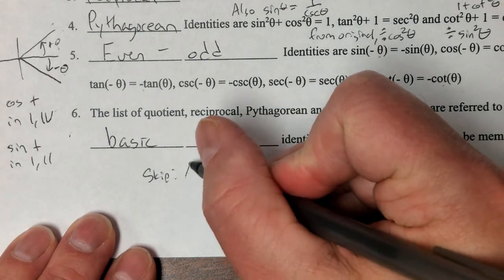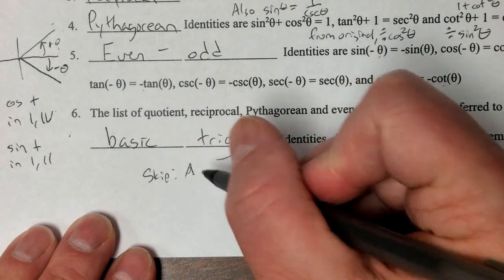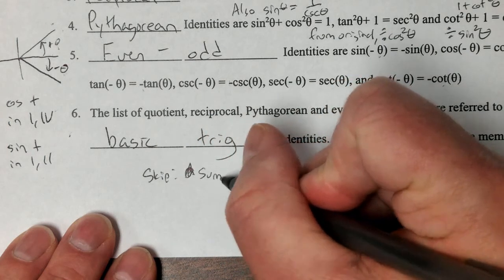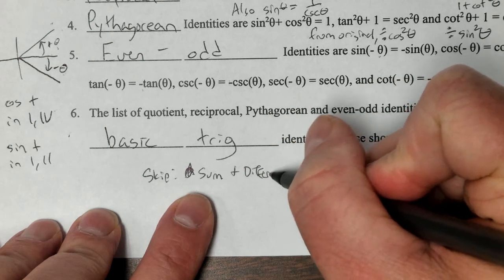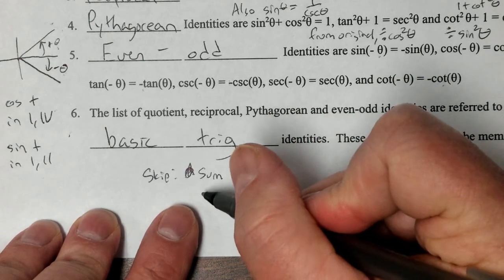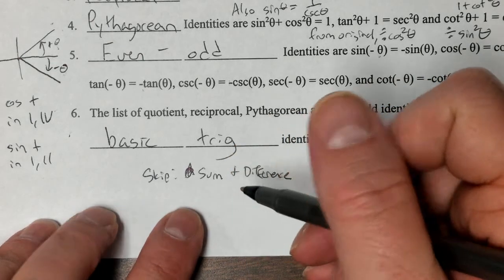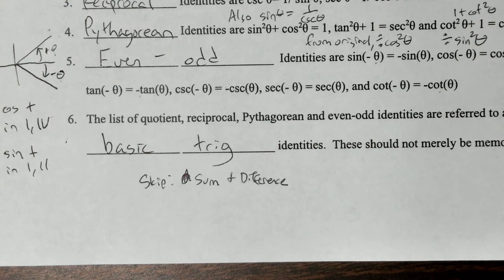It's going to be about the, I was going to say addition, the sum and difference. And there's also some quotient ones. These are in the back of the book.